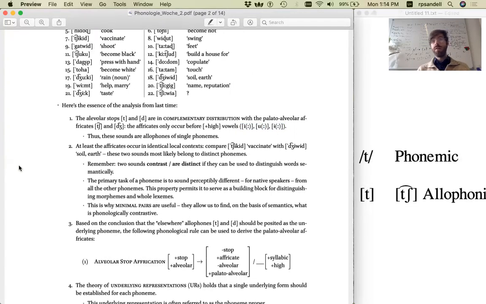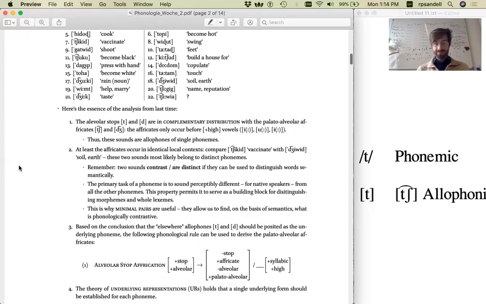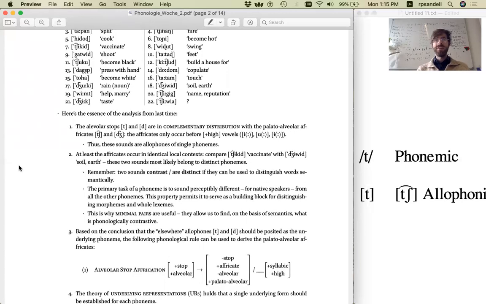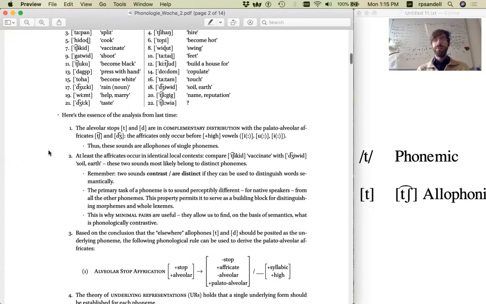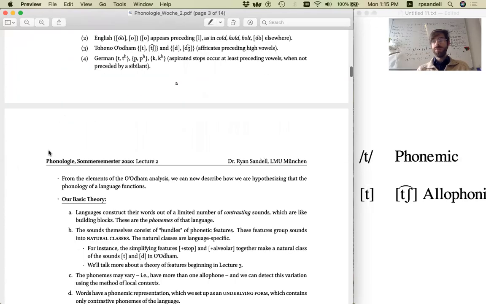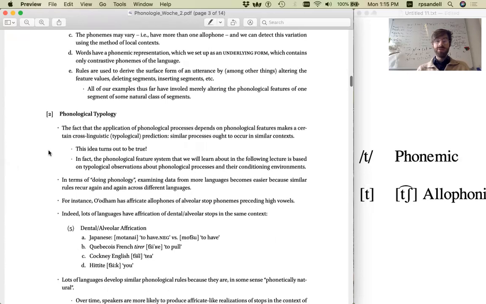The distinction between consonants and vowels is not controversial whatsoever. With vowels, we have essentially no closure or blockage of the airstream in the mouth, and our feature high refers to the position of the tongue body in the articulation of that vowel. So that is what we would consider an extremely uncontroversial natural class.